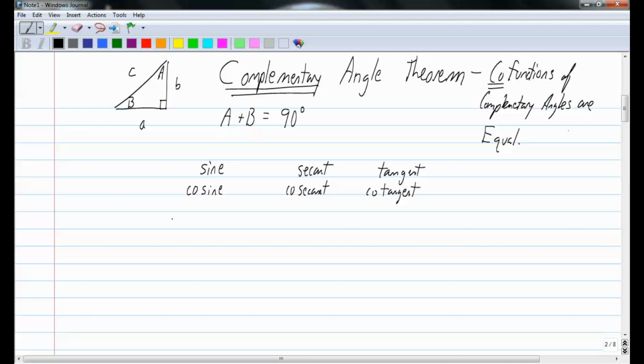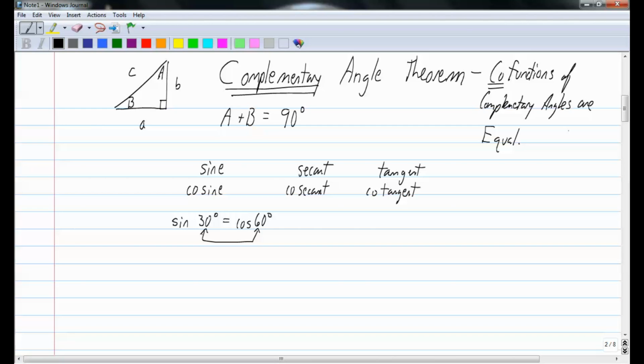For example, the sine of 30 degrees is equal to the cosine of 60 degrees because they're cofunctions, and 30 plus 60 is 90. Right? The sine of 30 degrees is 1/2. The cosine of 60 degrees is 1/2.